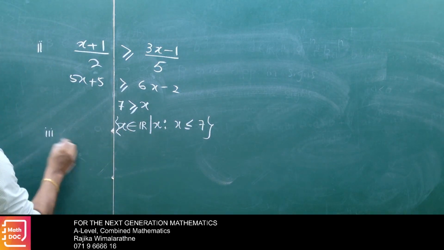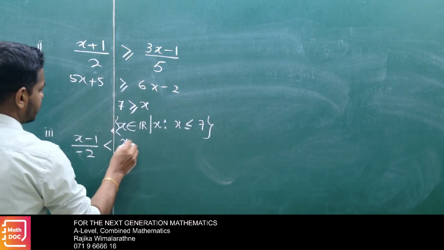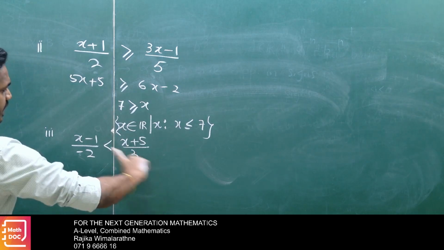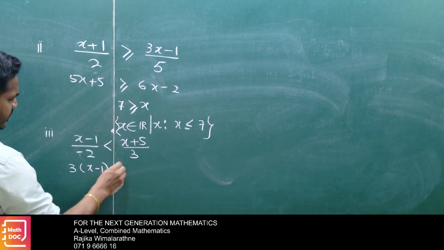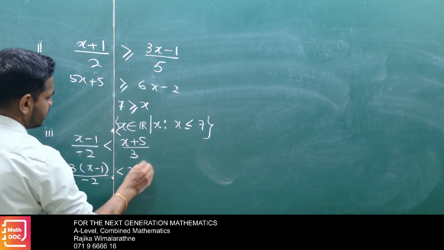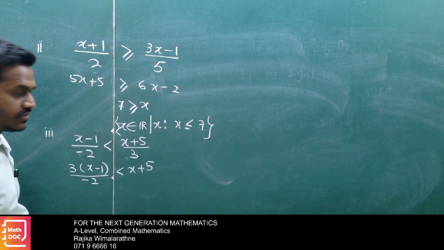You just do with me. Third one: x minus 1 over minus 2 less than x plus 5 over 3. We can multiply by 3 without changing the sign because it is positive. But when you multiply by minus 2, you have to change the sign.